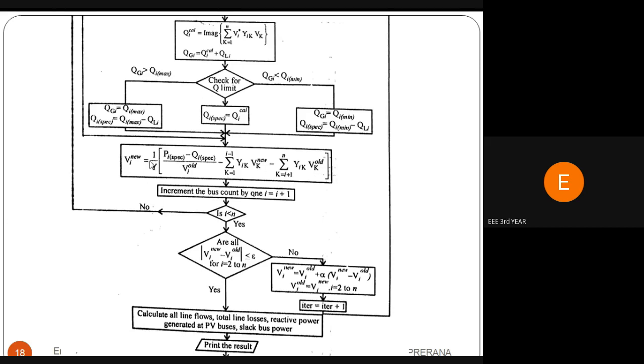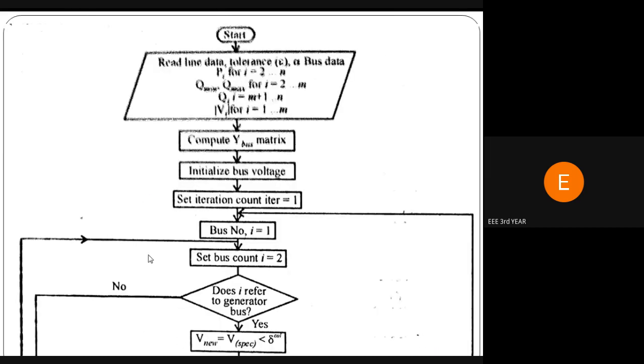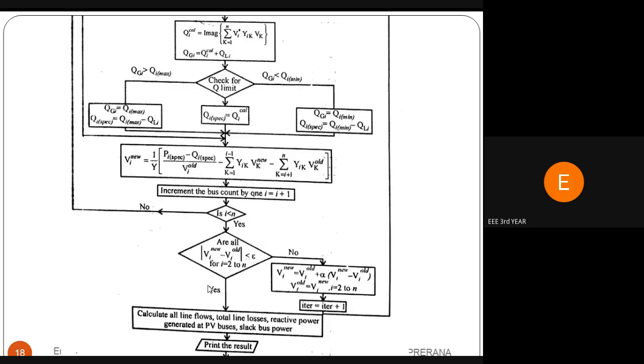After finding the new voltage, we have to increase the count, that is i is equal to i plus 1. If i is less than n, then go back to the earlier step and reach here, increasing the bus count. Otherwise, we have to find the next values.